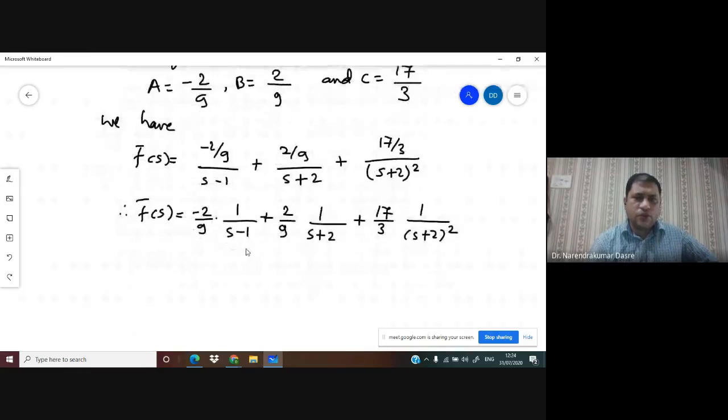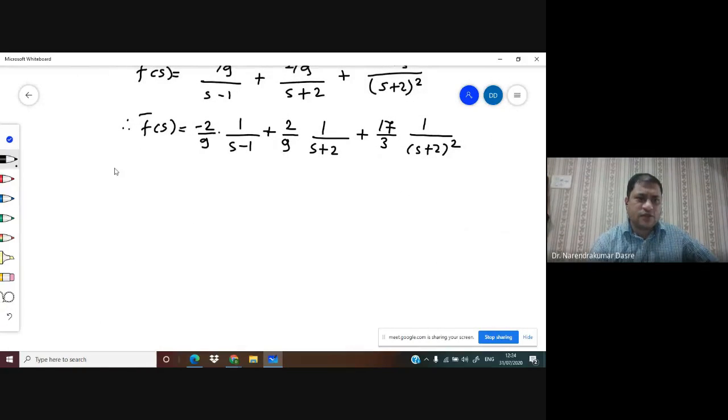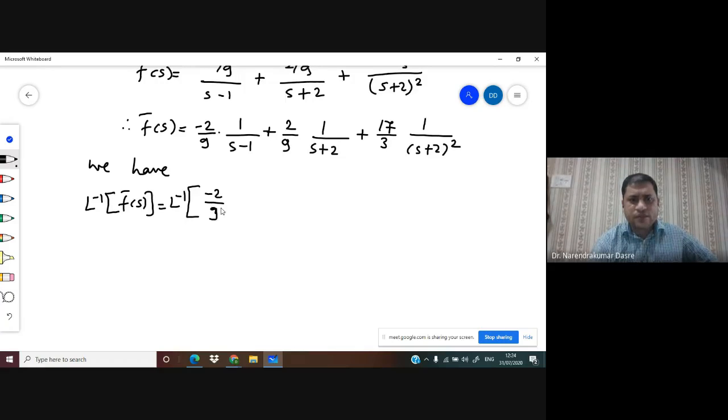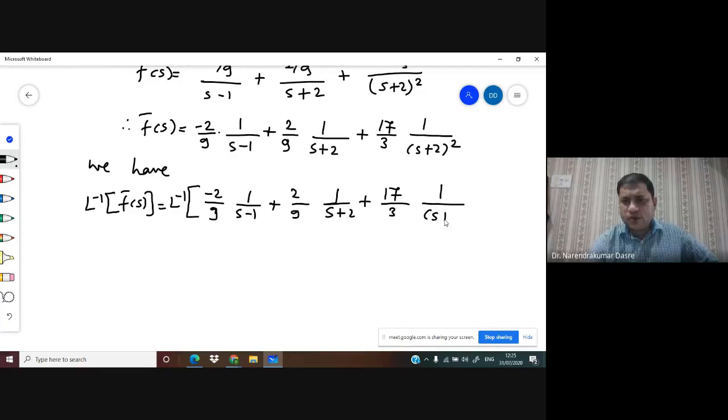So now we are able to take the inverse Laplace transform of this, and hence we have inverse Laplace transform of F bar of s equal to inverse Laplace transform of the same expression.